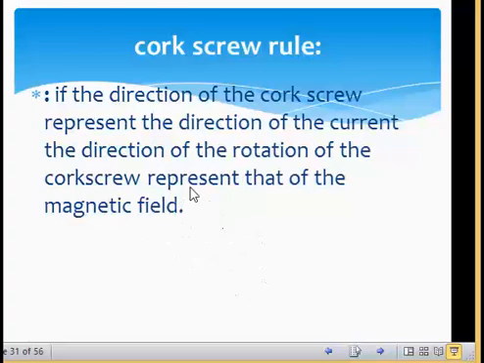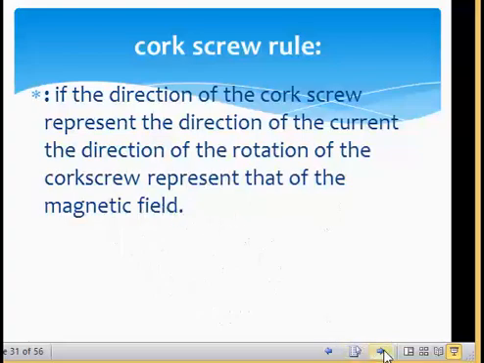If you want to drive a screw into a particular chamber, you have to rotate the screw in a clockwise direction. So this rule is trying to say that if the direction of the screw represents the direction of the current, then the direction of the rotation of the screw becomes the direction of the magnetic field.